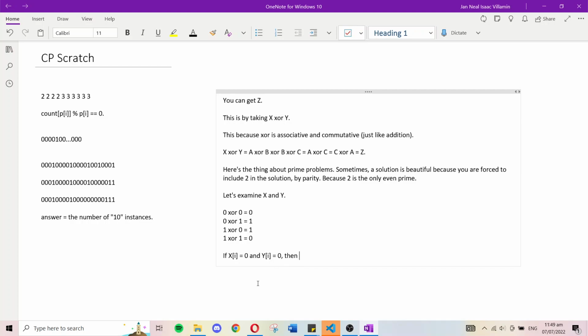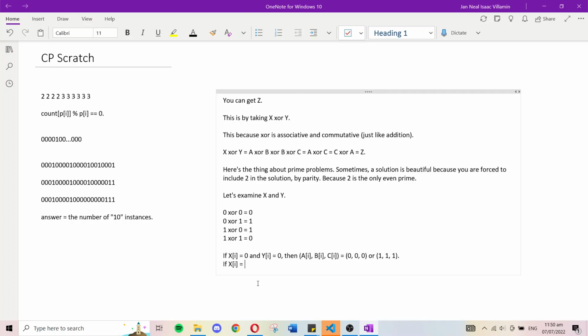Then ai, bi, ci can be 0, 0, 0, or 1, 1, 1, right?